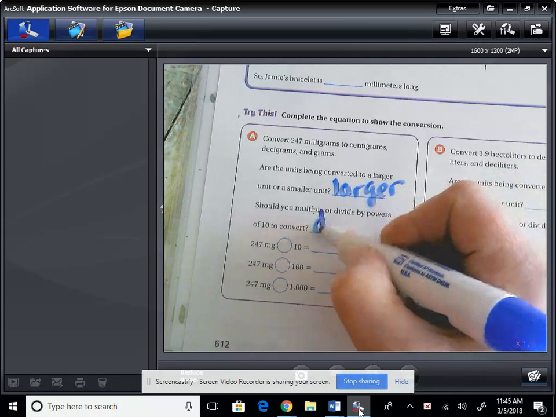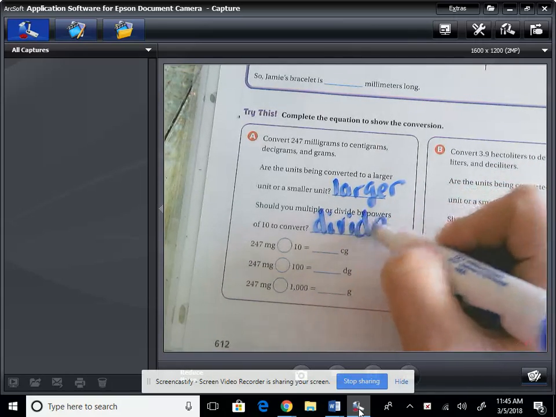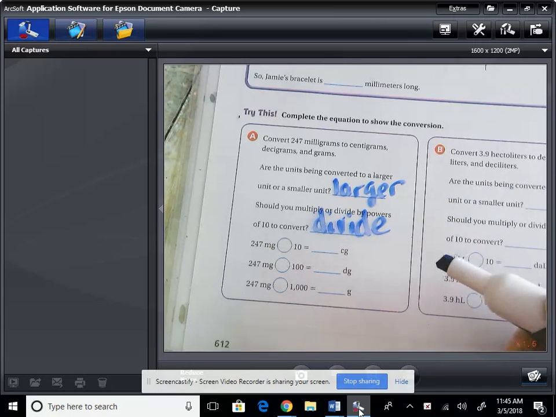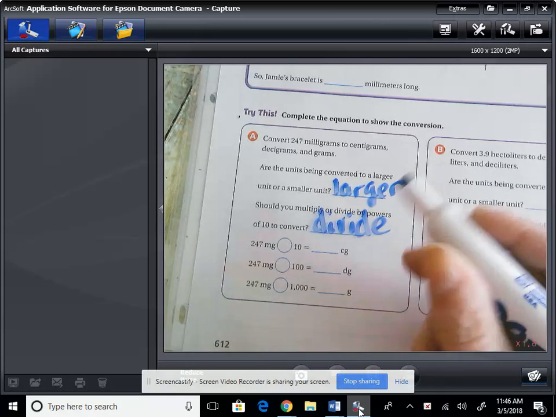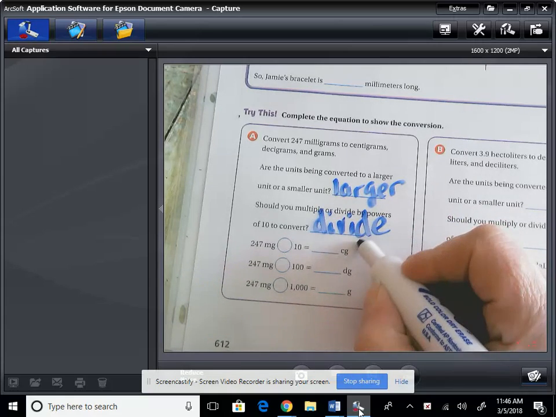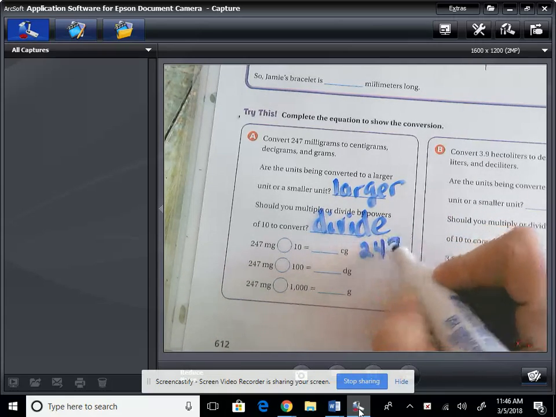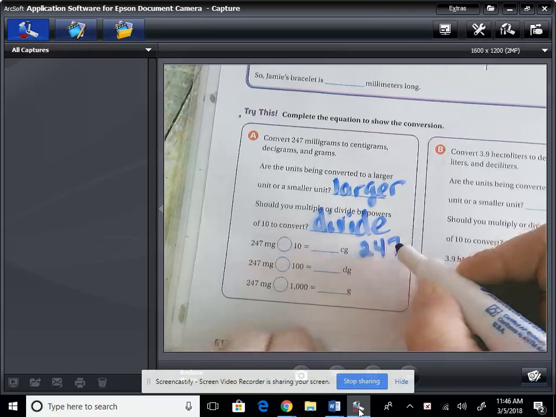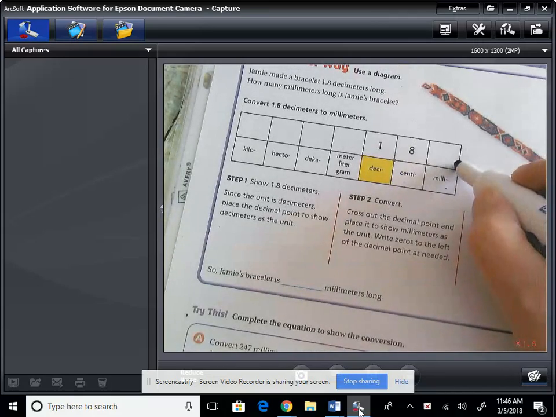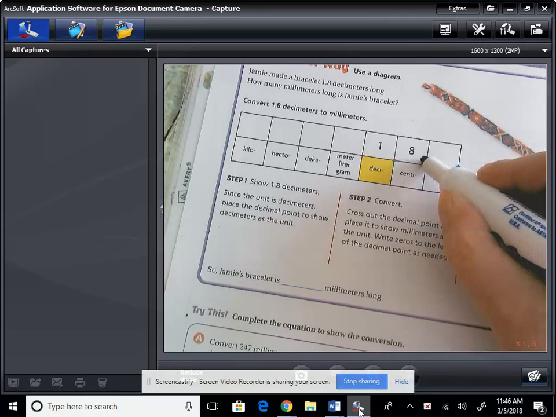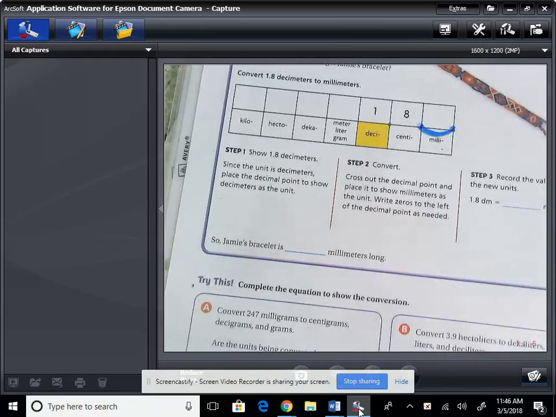We're going to divide. So that means our number is going to get smaller each time. So we have 247, and from a milli to a centi is 1, so we're going to divide it by 10.